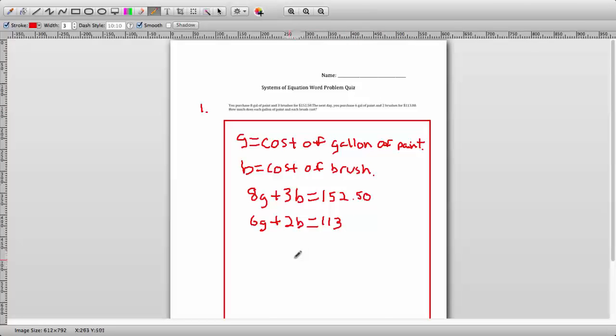Okay, now you should be able to put this in our calculator. We've done this many times in the calculator. I think you're pretty good with it. When you do, you get the ordered pair 17, 5.5.